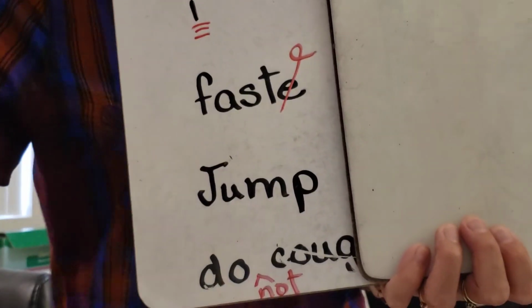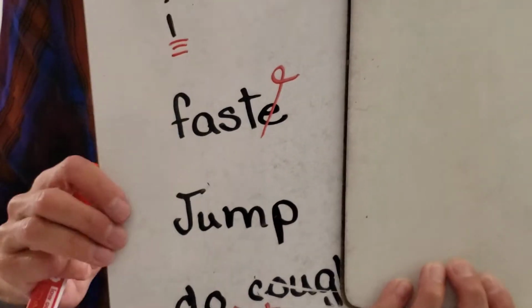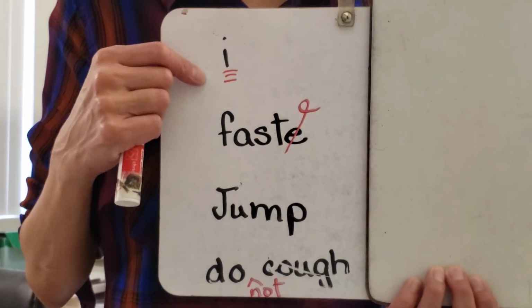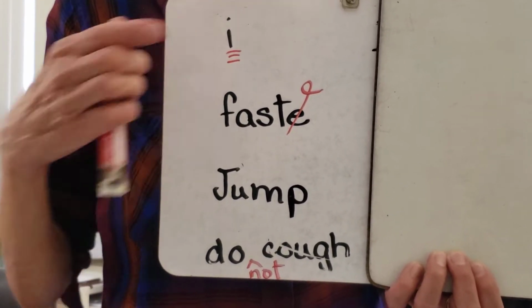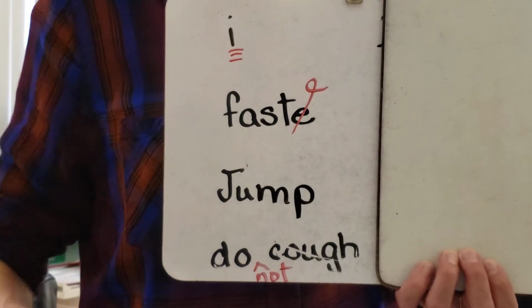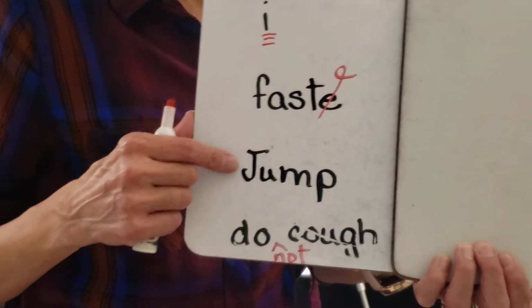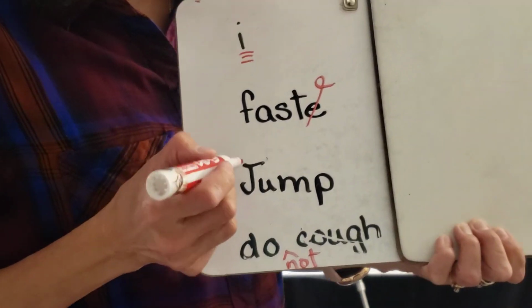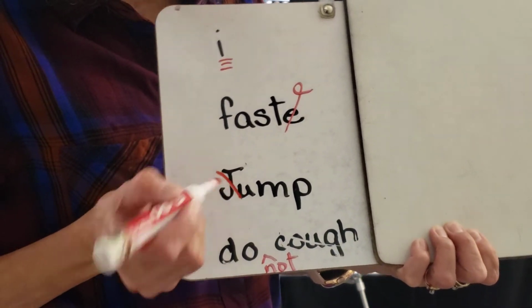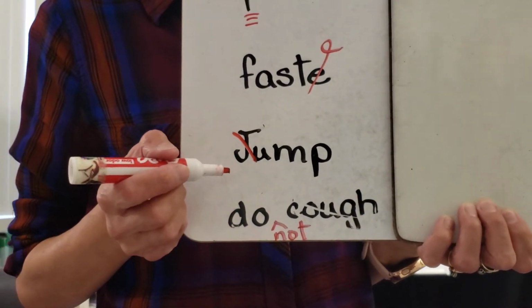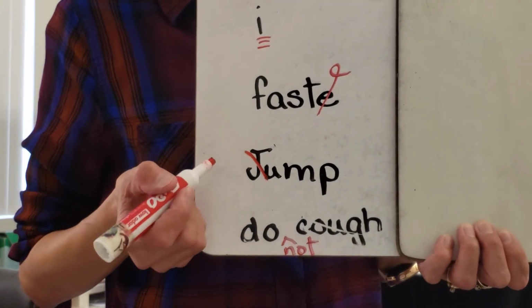Aha. Do not cough. There's the corrected phrase. There is a marking that tells us that we should not have capitalized. This marking shows we should have capitalized, but we didn't. And here's a marking that shows we shouldn't have capitalized, but we did. We go in the direction in which we write, and cross out like that, just like we used to for our letters on diphthongs and digraphs.